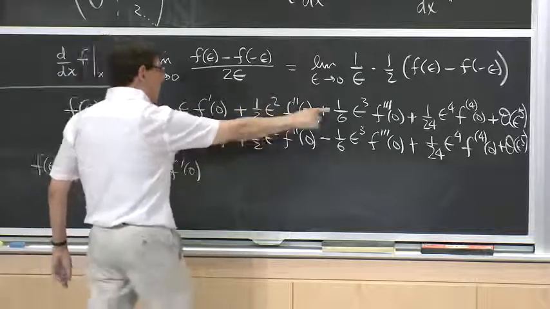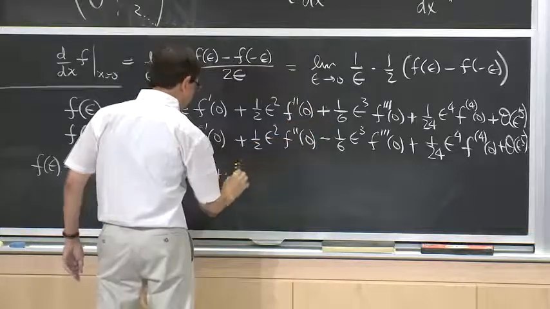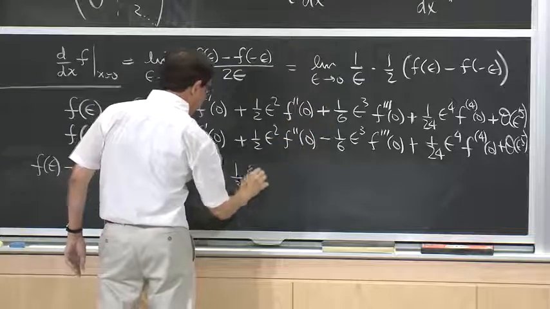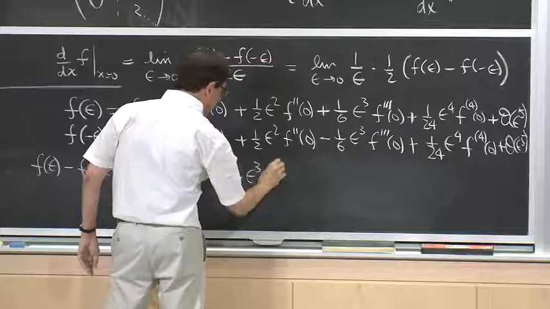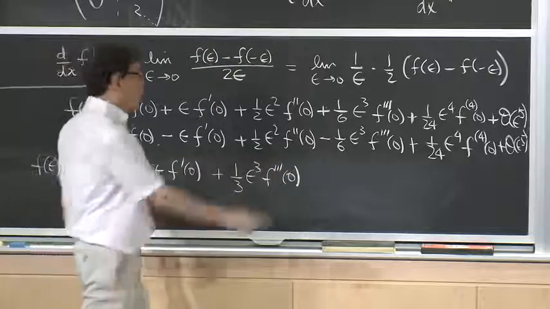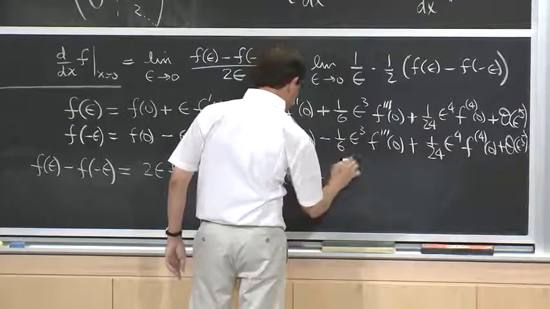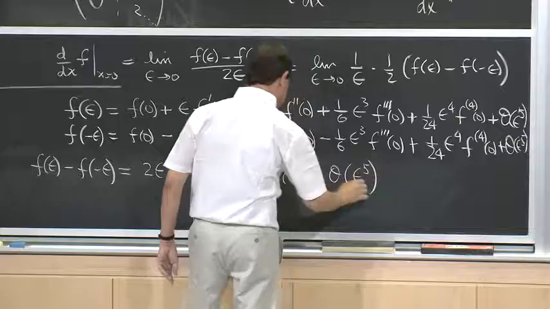Then the evens cancel, and here you have plus, you're subtracting, so you get plus 1/3 epsilon cubed f triple prime of 0. And the quartic terms in epsilon cancel, so this is plus order epsilon to the 5th.